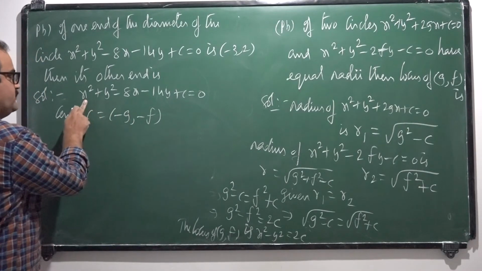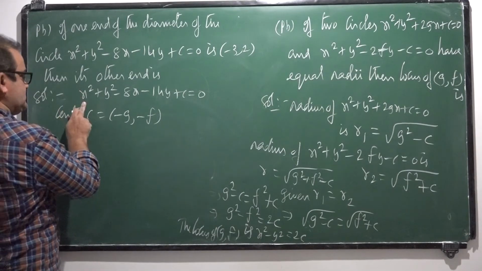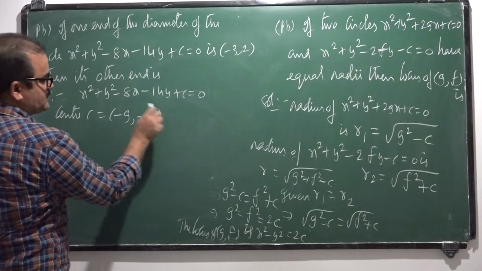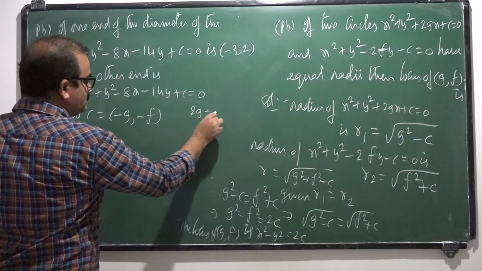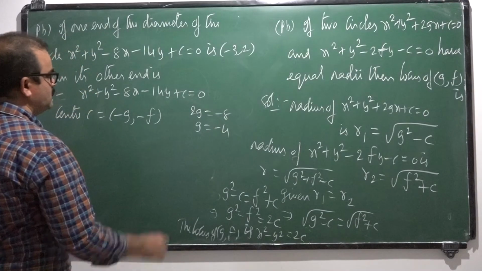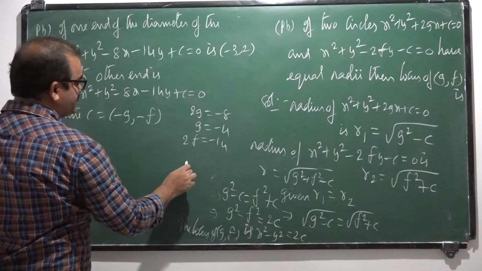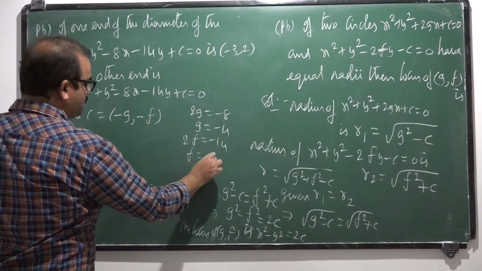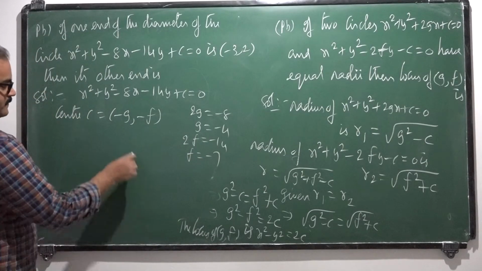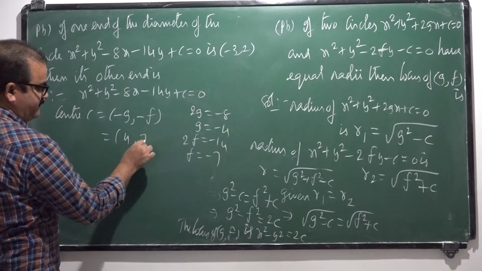Comparing this equation with the standard equation of the circle, x square plus y square plus 2gx, 2g is equal to minus 8, g is equal to minus 4; 2fy, 2f is equal to minus 14, f is equal to minus 7. So center is equal to minus g, minus f, which is 4, 7.